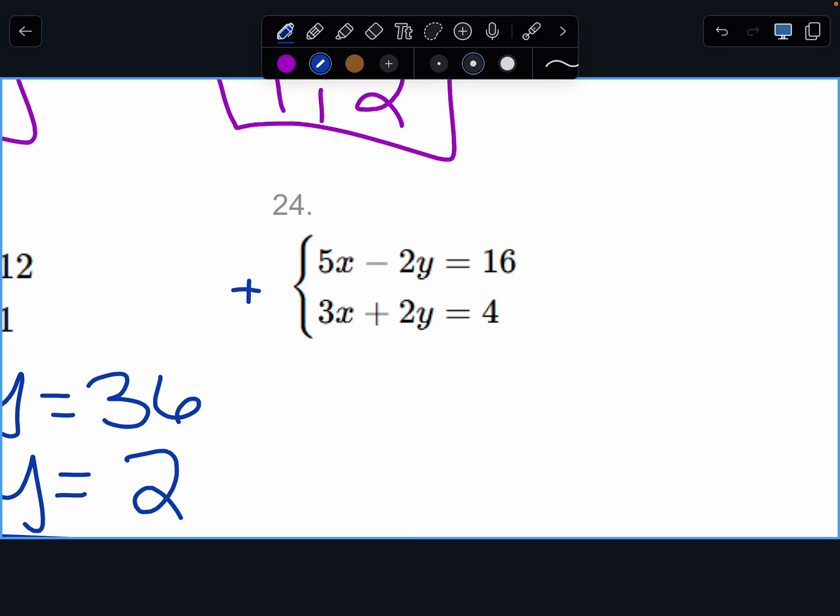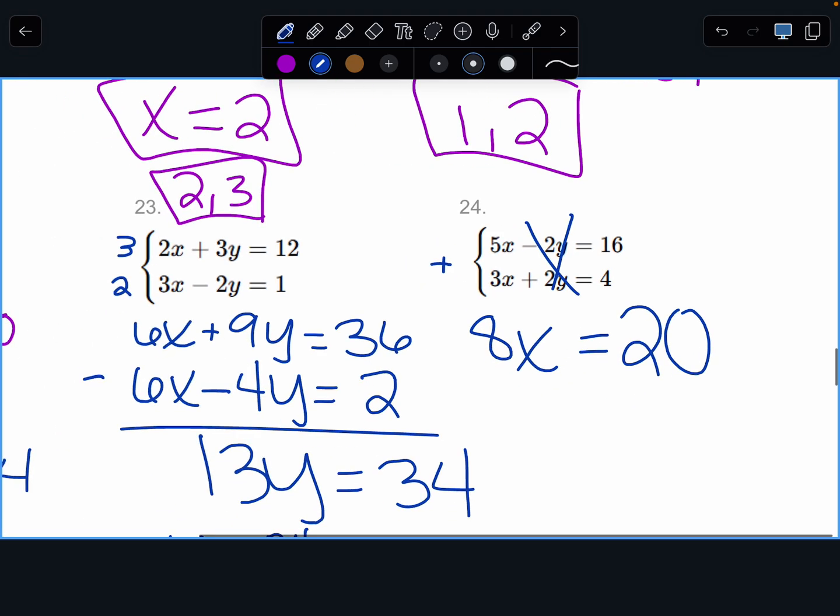And last one, let's add them. So we get 8x equals, this cancels, 20. So you get x equals 10 over 4, so that's 5 over 2.